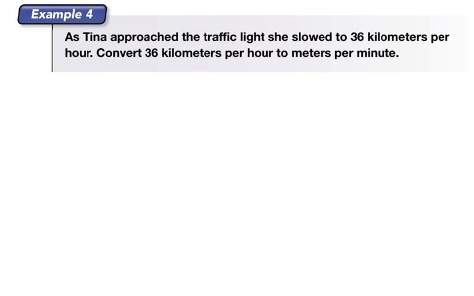Okay, so let's first think about what we're trying to do here. Okay, we've got kilometers per hour to meters per minute. Kilometers per hour to meters per minute. Okay, so first we're trying to take our kilometers. Oh, let's change that over to the other color.